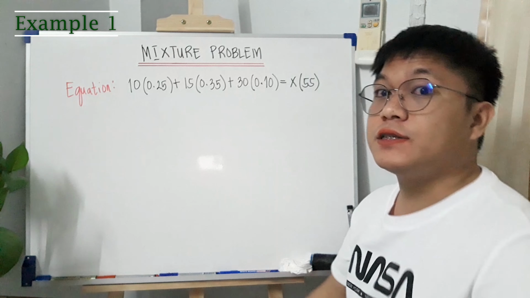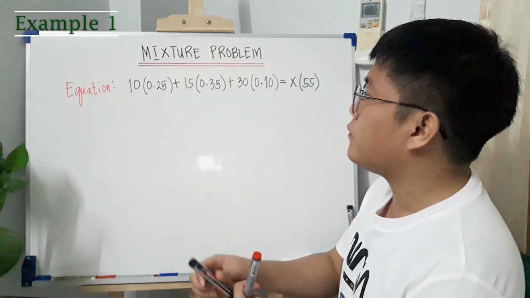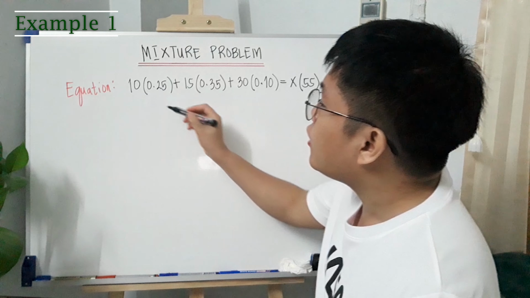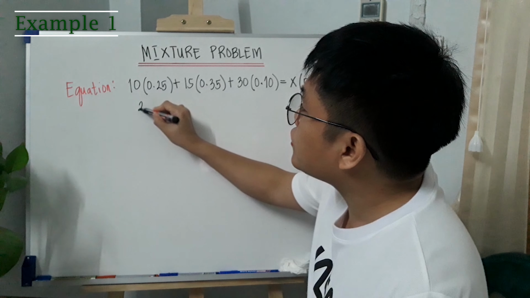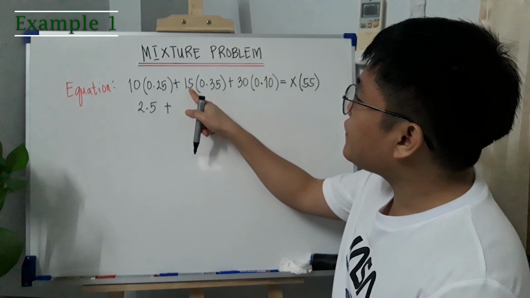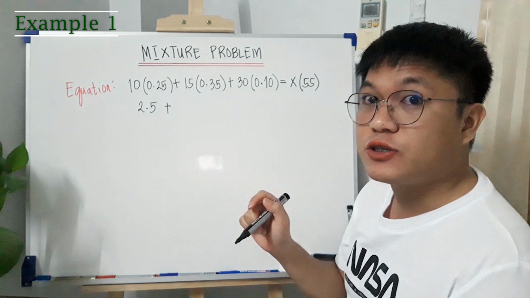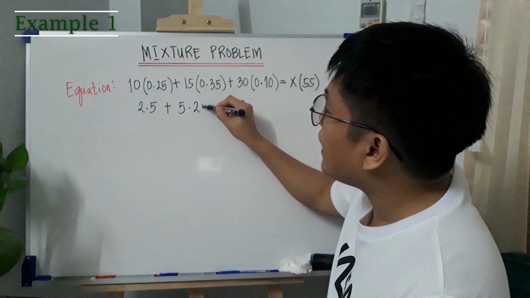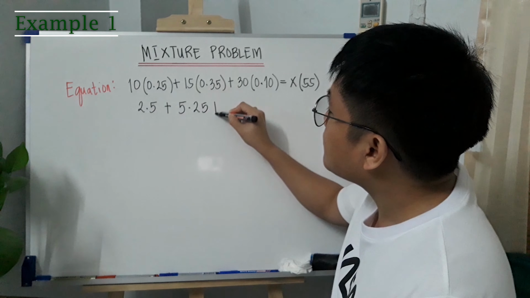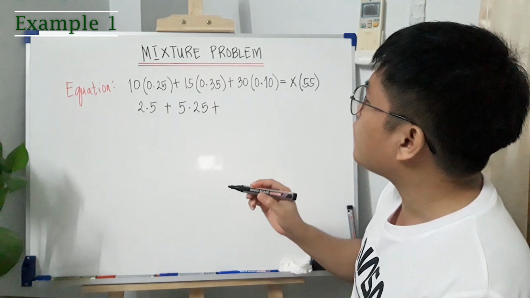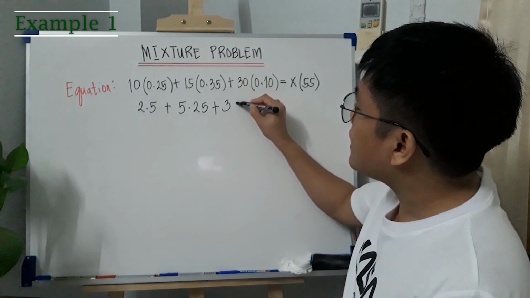Now, we simplify this. 10 times 25 hundredths is equal to 2 and 5 tenths, plus 15 times 35 hundredths is equal to 5 and 25 hundredths, plus 30 times 10 hundredths is equal to 3.